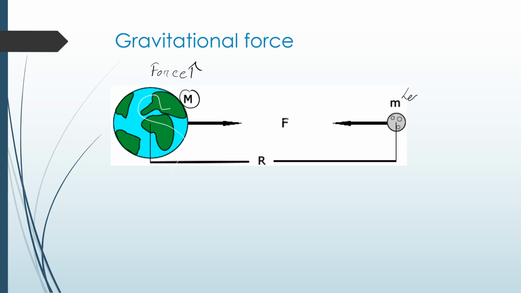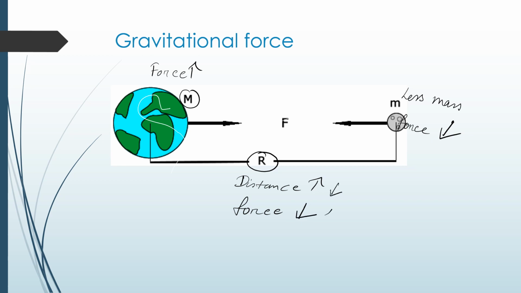If it has less mass, the force exerted by this object is also less. And distance plays an important role. If the distance between the objects is more, the force will be less, and if the distance is less, the force will be more. Okay, it's just a simple understanding of gravitational force.